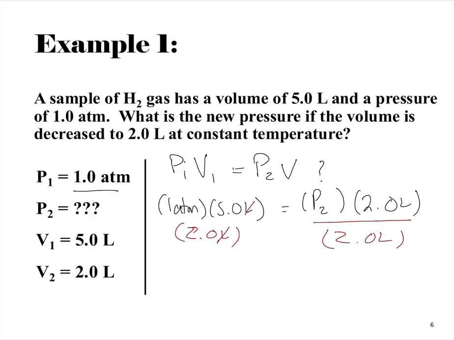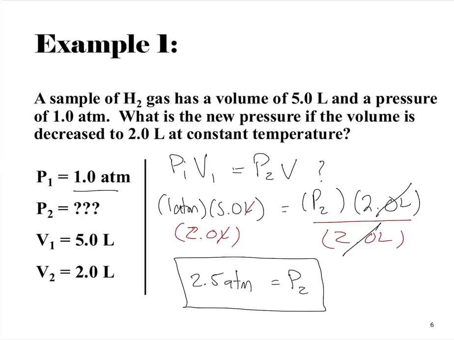Atmospheres, right? And that makes sense because we're solving for a pressure. Our units should always work out, so we have to make sure we're keeping track of units here. 2 liters here, 2 liters there, cancels out. And I get that 5 divided by 2 is going to be 2.5 atmospheres as my final pressure when I plug this in.